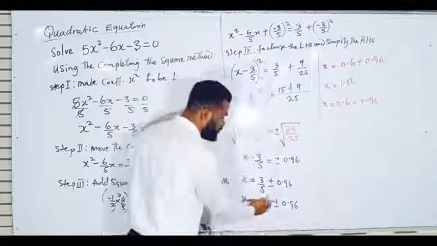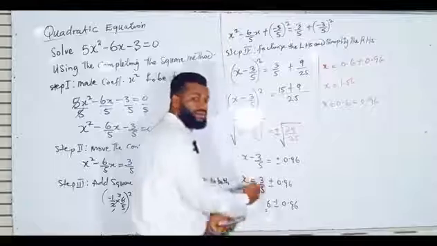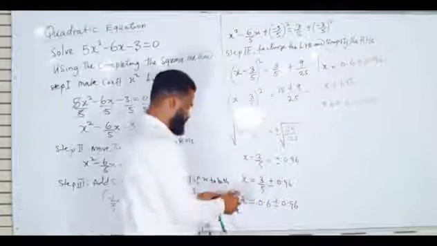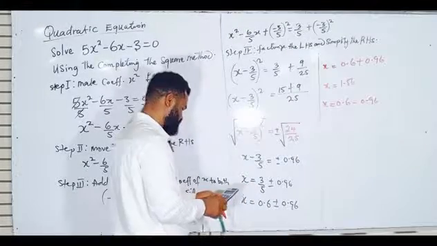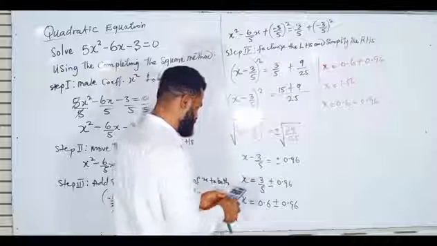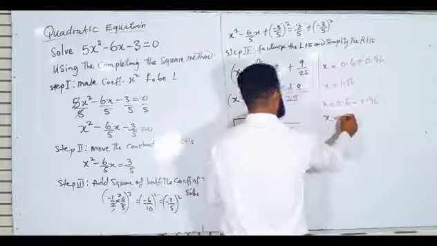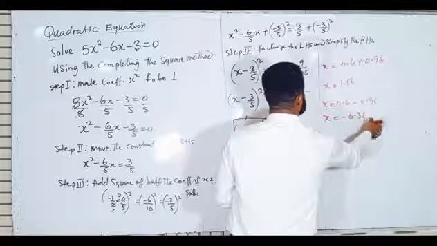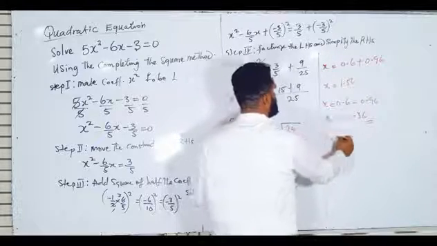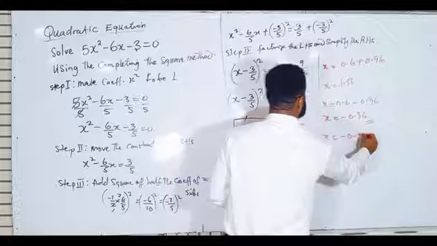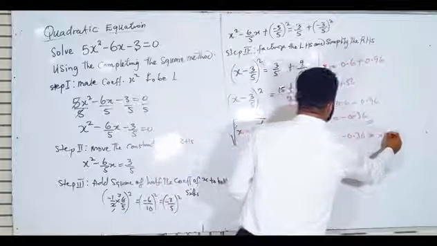Remember, we have plus and minus, so we do it for plus and also for minus. When we subtract, we are going to have minus 0.36. So x is equal to minus 0.36 or 1.56.